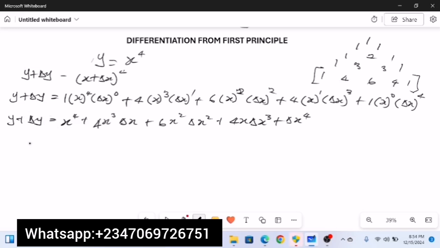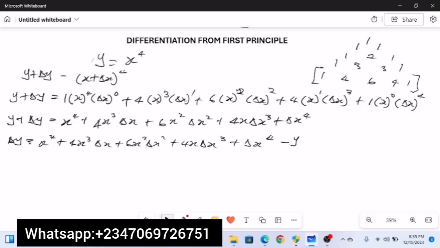So we're going to be having change in y to be equal to, this is x to the power of 4 plus 4x to the power of 3 times change in x plus 6x squared change in x squared plus 4x change in x to the power of 3 plus change in x to the power of 4. Now if y comes over here, y becomes negative, so I have minus y.